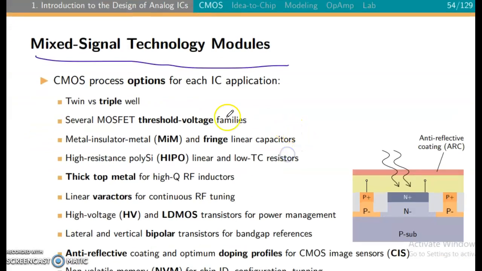Mixed signal technology modules. CMOS process options for each application.